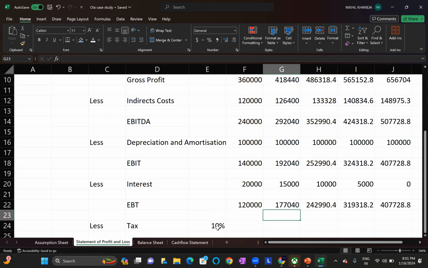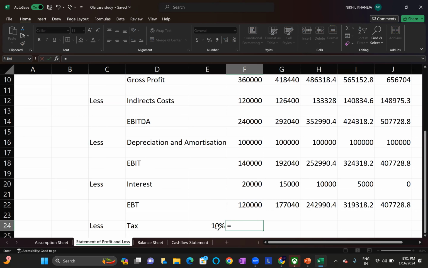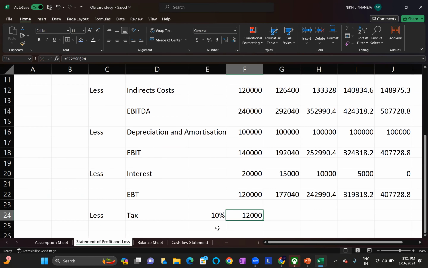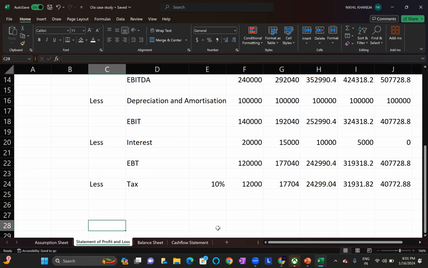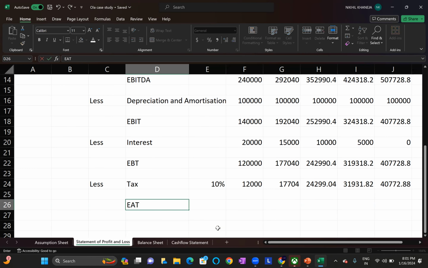Okay. Now I'll apply tax on this amount. Multiply this percentage. Again, I'll be keeping it freeze by pressing F4 so that a reference cell should not get dragged. This is my tax amount. Control C. Here we go. Now what I will get? EAT, earning after tax.